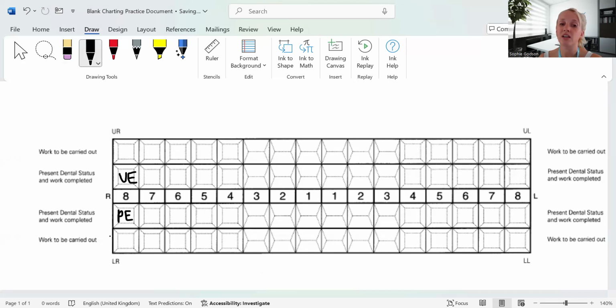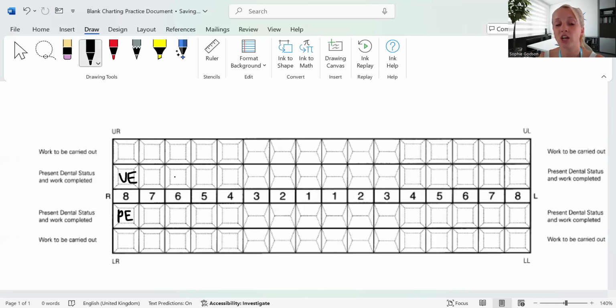Now, the reason I've gone on to the next line is because it would usually be a wisdom tooth that is either unerupted or partially erupted. With a child, obviously, it might be sometimes the laterals don't come through or, so on and so on.